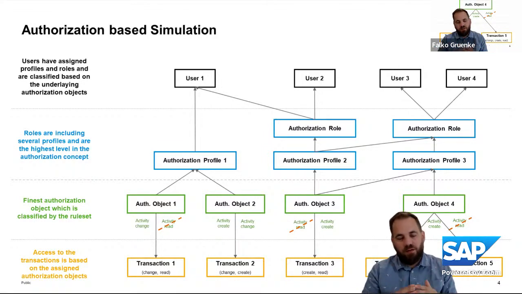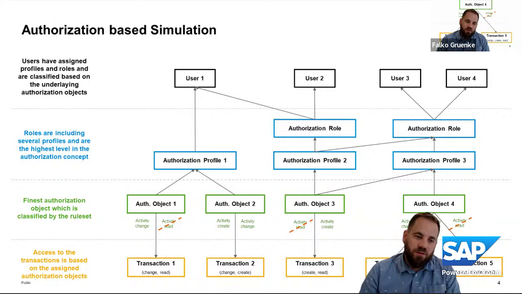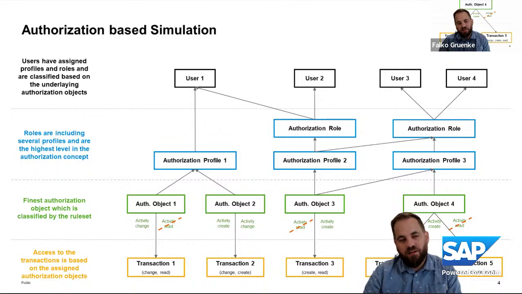So we have taken a step back and looked into the authorization objects. The authorization objects are, I would say, more or less the lowest level of the authorization assignment. And we have gone into the authorization objects which are assigned to the core, and qualified those, looked into those and classified them accordingly.